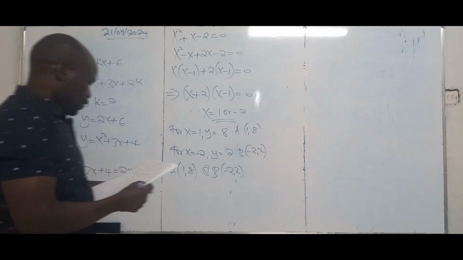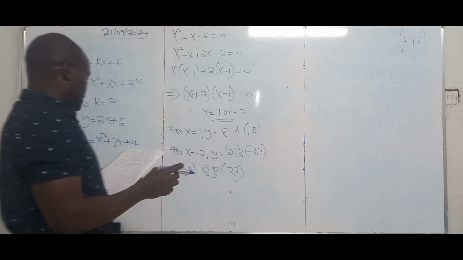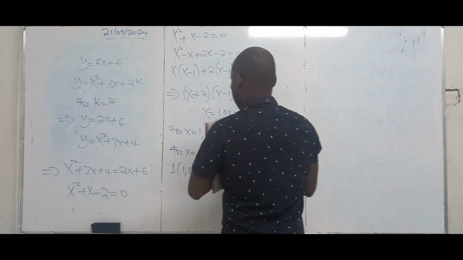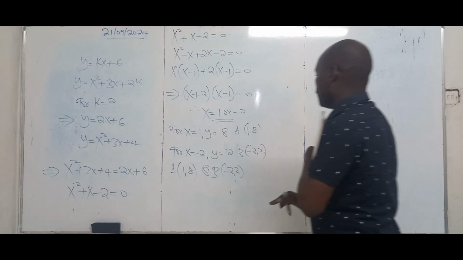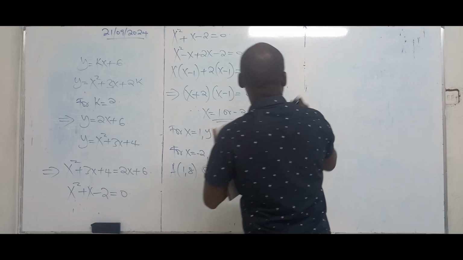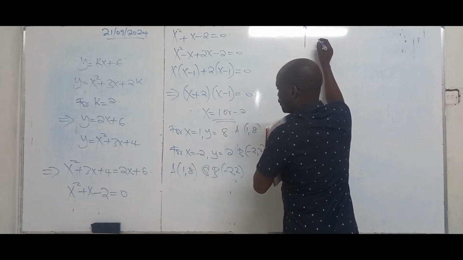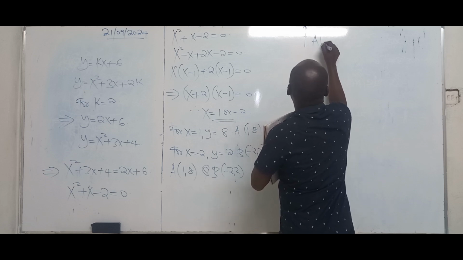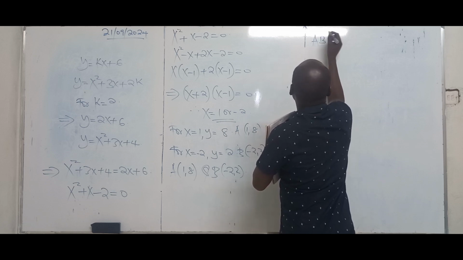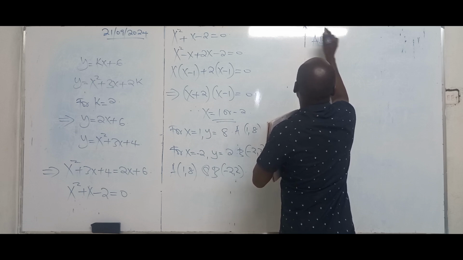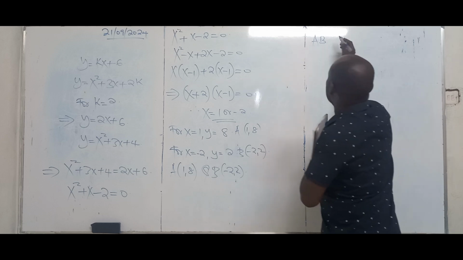So what's the next question? Find the distance AB. The distance AB will be given by the square root. This may mean vectors, but let me just refer to it as the distance AB.